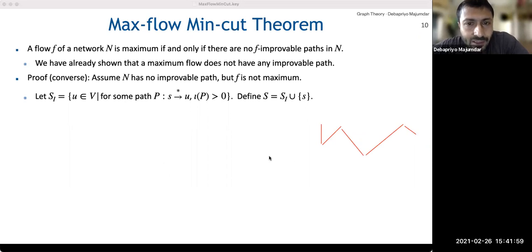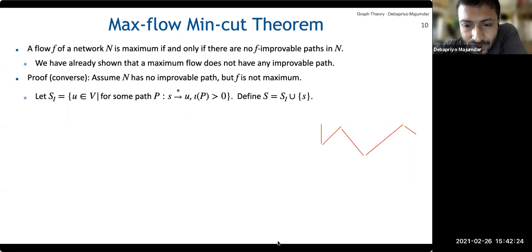Fine. Now let's just say, from the source, the set of all vertices such that there is some path with positive iota. So in other words, an improvable path, but with a little bit of abuse of definition, not up to the sink, but maybe up to some other point.